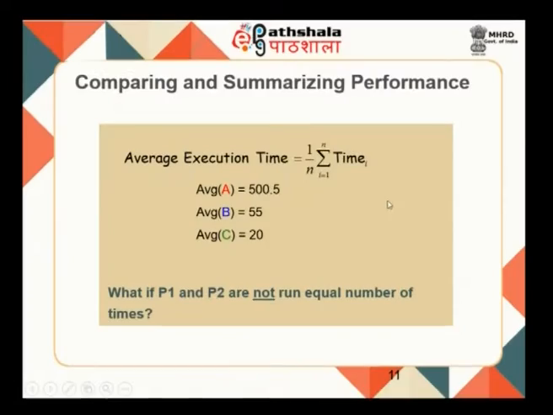You know how to calculate the average execution time: it is the summation of all the times divided by the total number of programs. In our case, you have two execution times, so you sum up those values and divide by 2. With respect to A, the average is 500.5 seconds. With respect to B, it is 55 seconds, and with respect to C, it is 20 seconds.